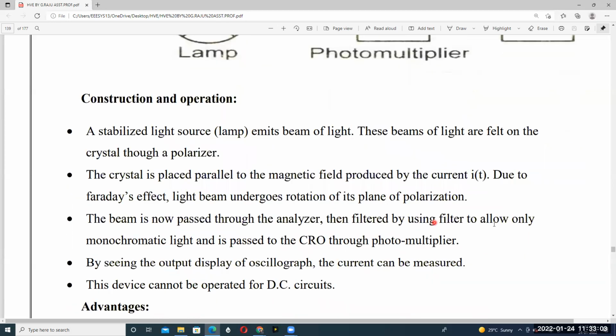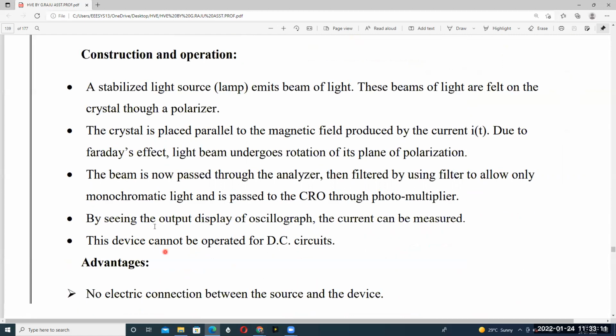The filter allows only monochromatic light, which is passed to the CRO through a photomultiplier. By seeing the output display of the oscilloscope, the current can be measured. In this way, we measure very high values of current.